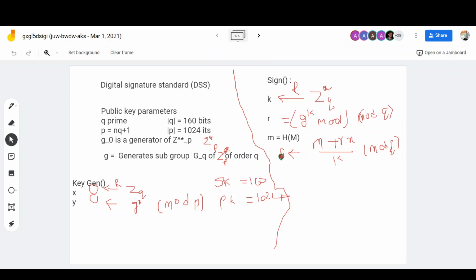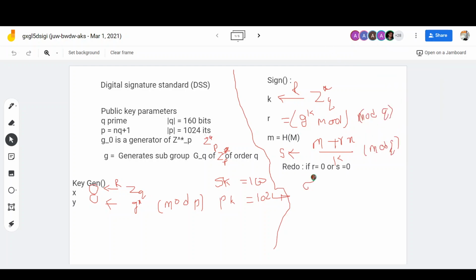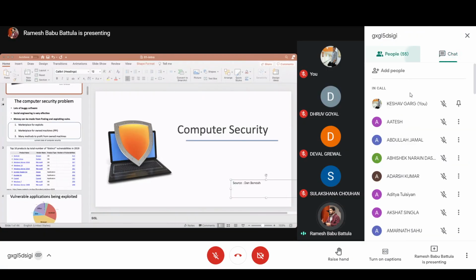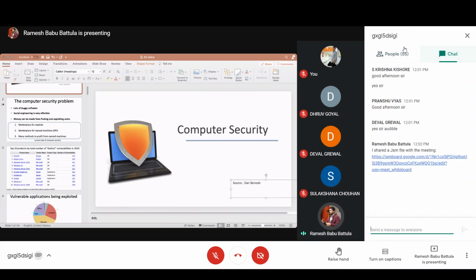Either r equal to 0 or s equal to 0, you redo. Finally, you declare this r value and s value as the signature for your message.